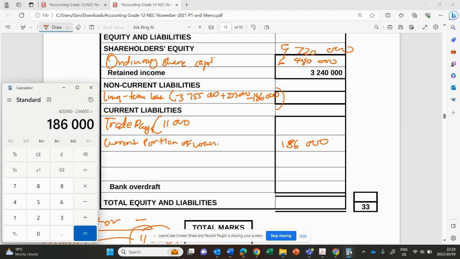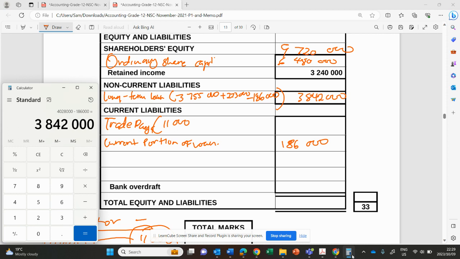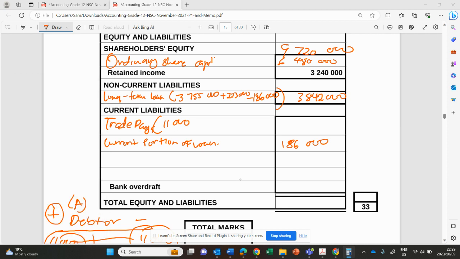Now we can conclude the long-term loan: 3,755,000 plus 273,000, then minus 186,000. We're having 3,842,000.